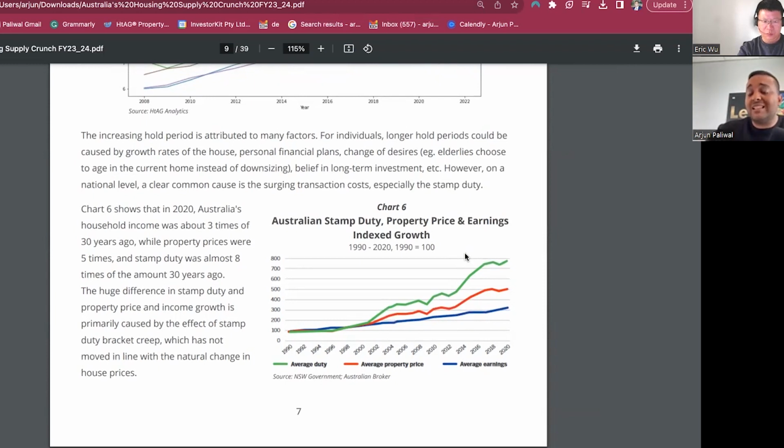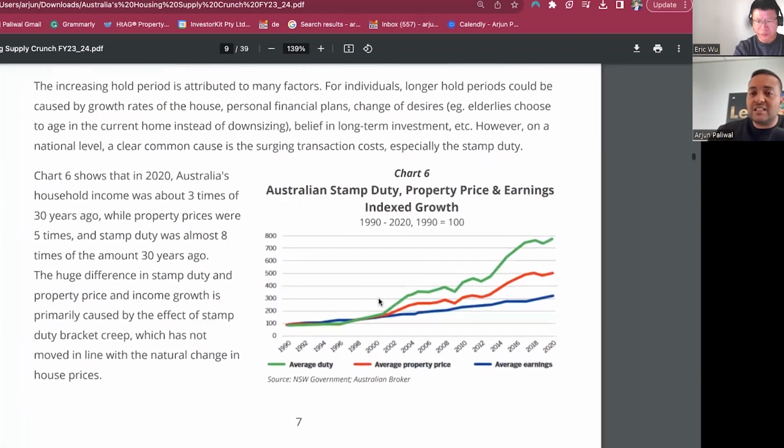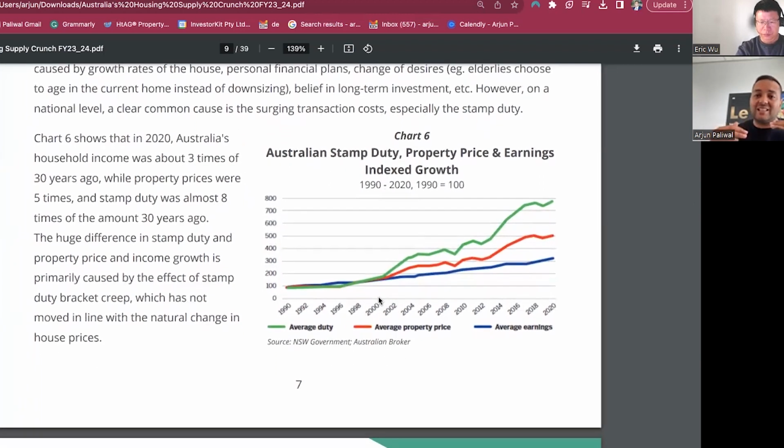There's so many things. And even one big issue there as well, you can see this, government. Government's cost of duties continues to increase when you index it against people's earnings and property prices. And you can see it's not getting any cheaper. You can see the average property price movement here, average earnings, but the average duty indexed against these things has been increasing.